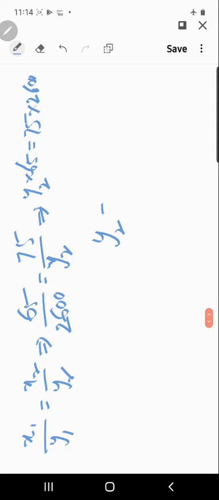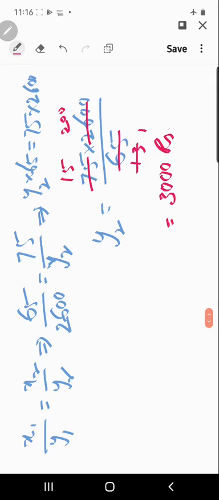Now y2 is equal to 75 into 2600 divided by 65, and that side becomes divides. Now cancellation. After cancellation we'll get 3000 rupees. For 75 packets, how much amount? 3000 rupees. So this is the way of finding a direct proportion problem.